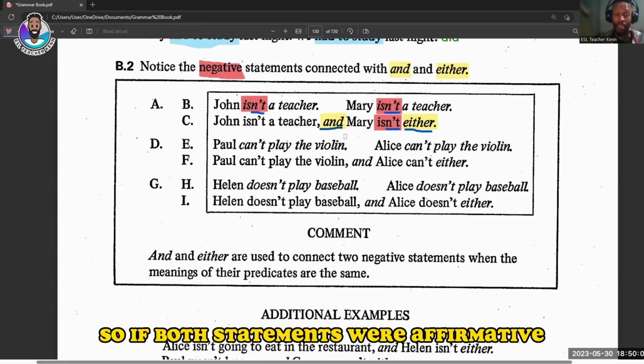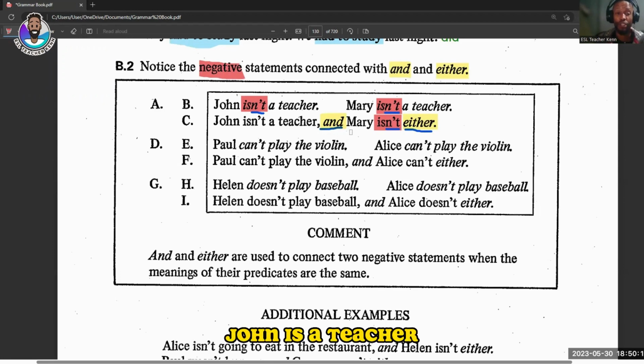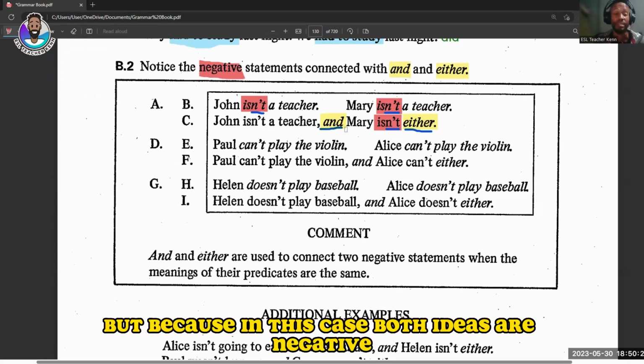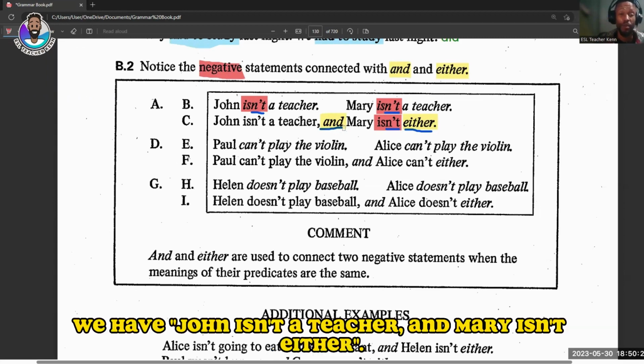So, if both statements were affirmative, John is a teacher, Mary is a teacher, you would say, John is a teacher and Mary is too. But because in this case, both ideas are negative, we have John isn't a teacher and Mary isn't either.